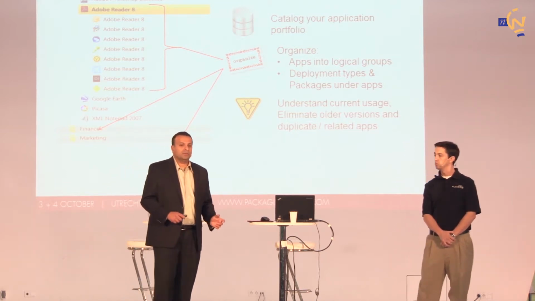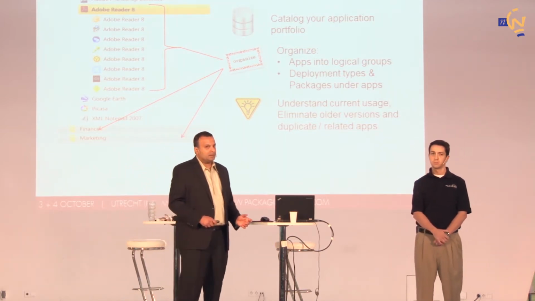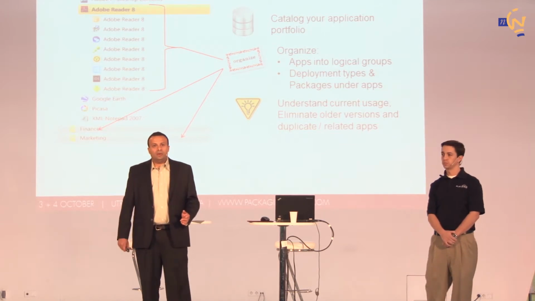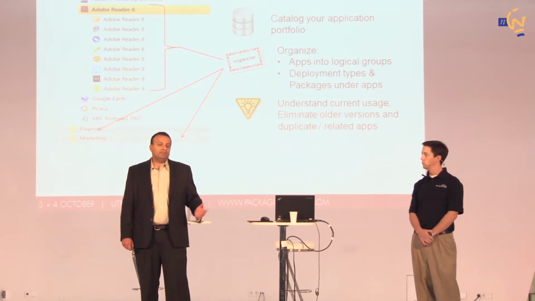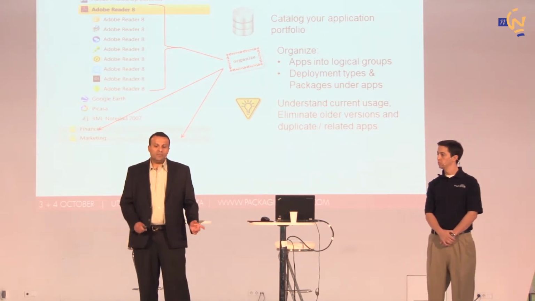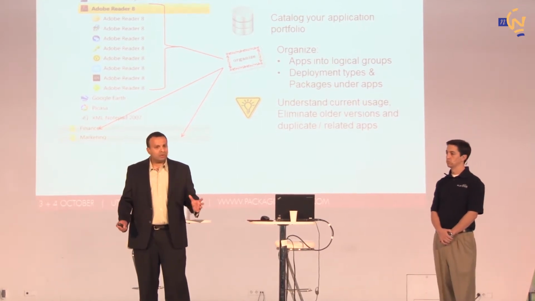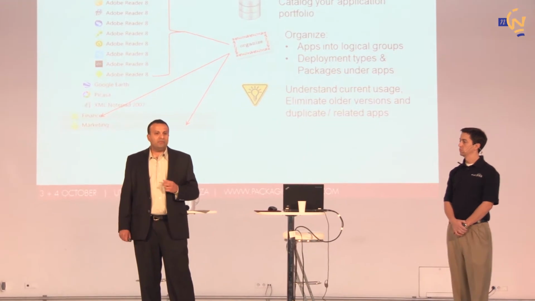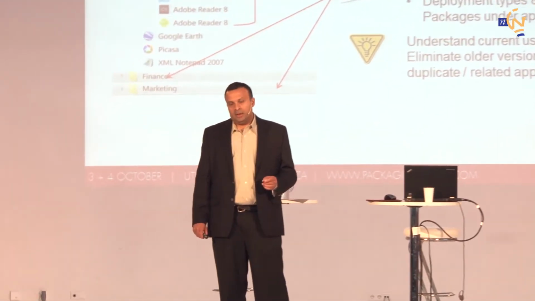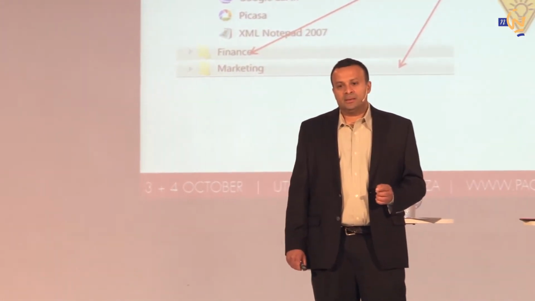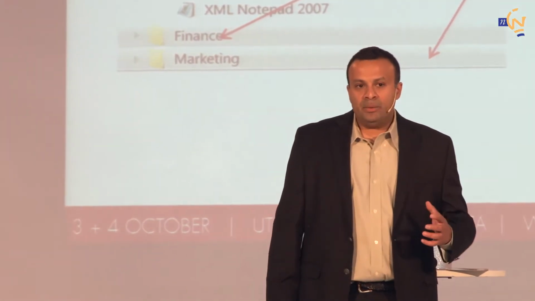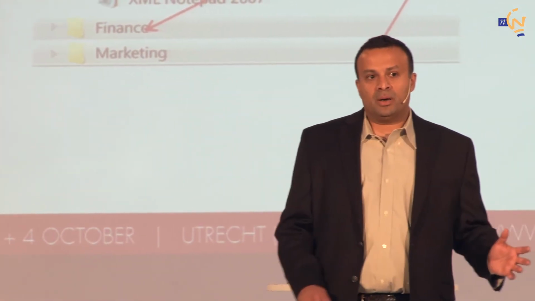Understand current usage. So that means if I have Adobe Reader, and I have a complementary product that also lets me view PDF files and make edits to PDF files, understand how many people are using either of these products.